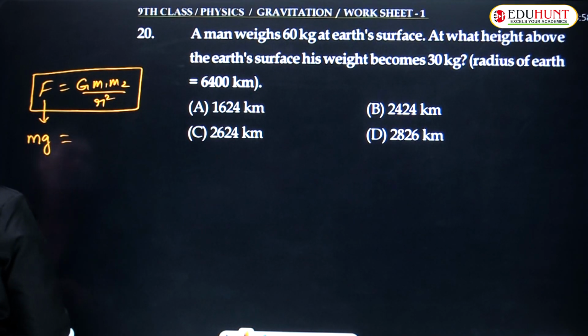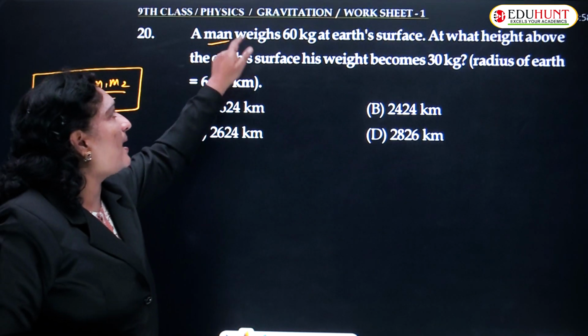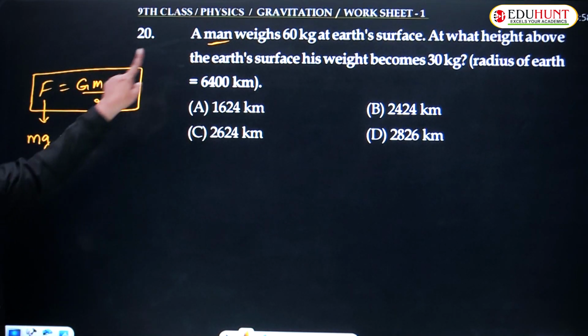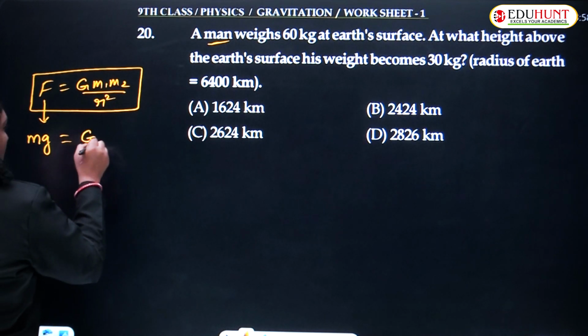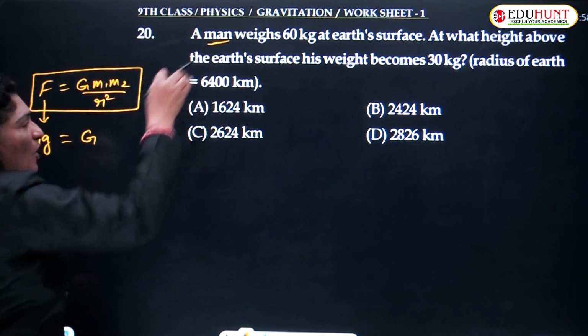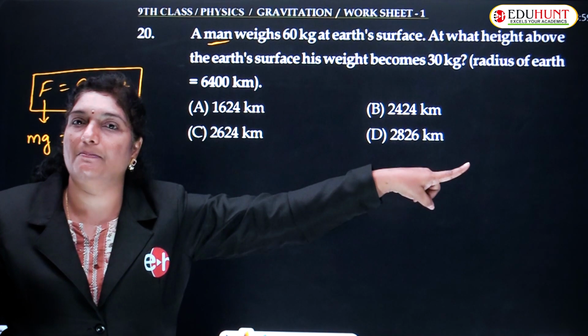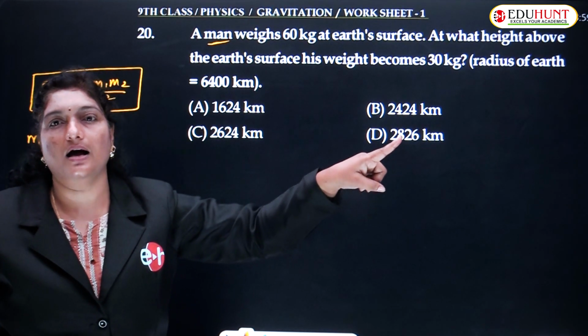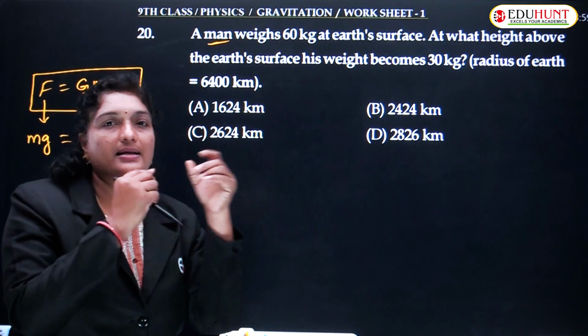Here m is the mass of the body, that is, the man's mass, into gravity g, equals g m. Between what two objects does this force of attraction take place? One is the man and the other is the earth. So the two bodies are the mass of the earth and the mass of the man.